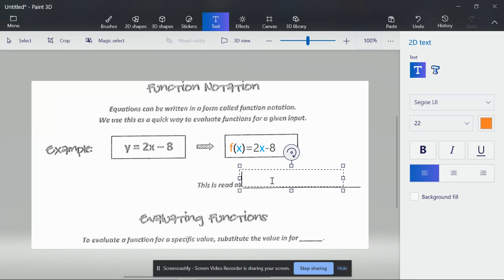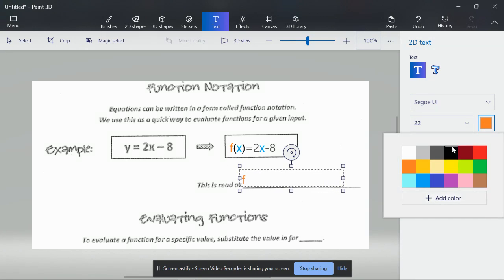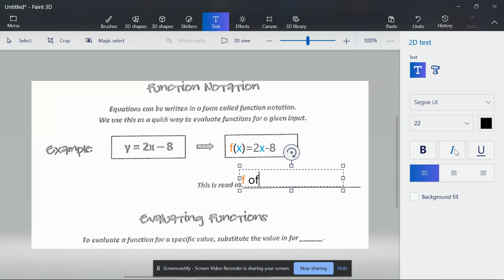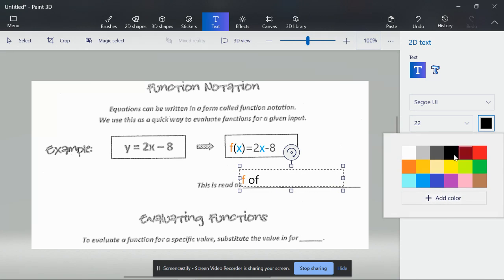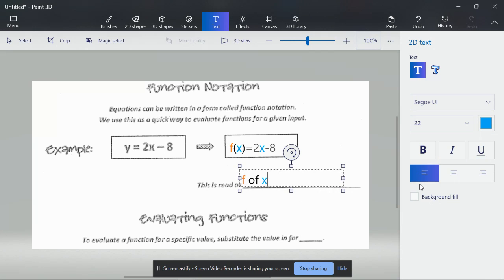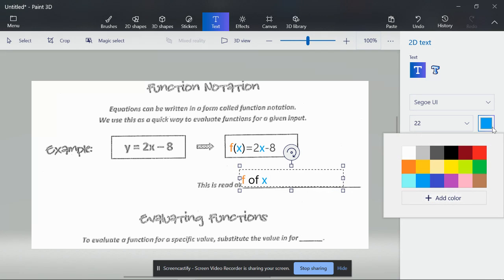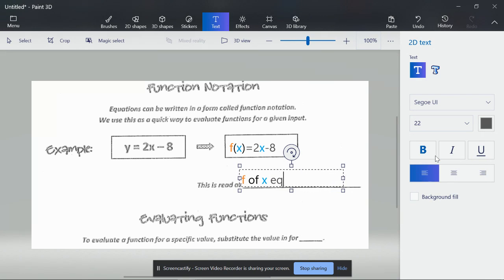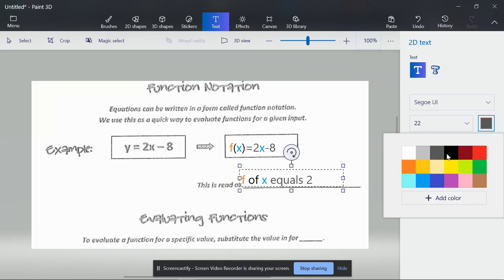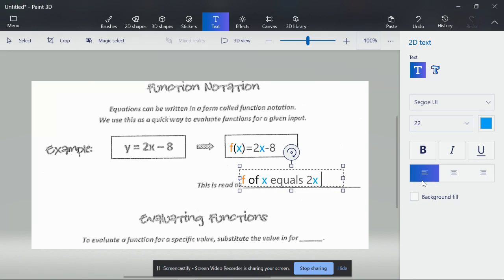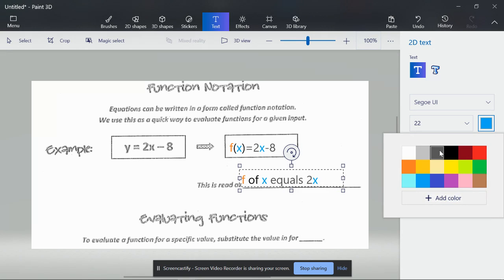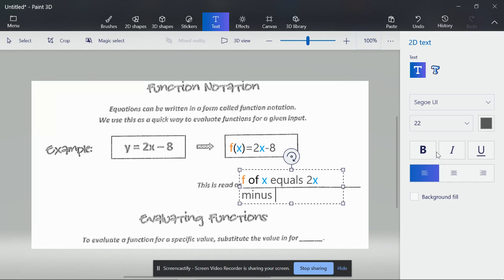The main way you'll hear me saying it is f of x equals 2x minus 8.